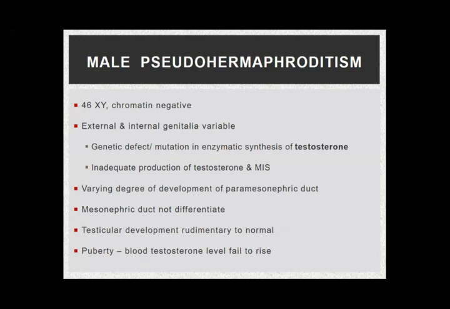Normally, puberty में is a surge, sudden increase level of testosterone, and that acts on the external genitalia and stimulates them to grow rapidly. But in these cases, since the level of testosterone is not adequate, it is below normal, so the external genitalia, they do not develop.